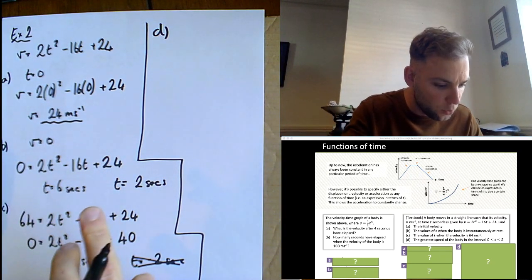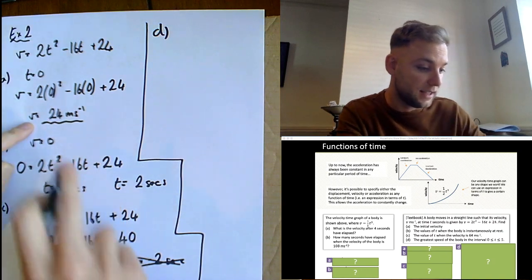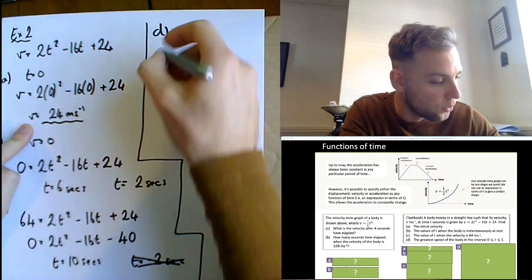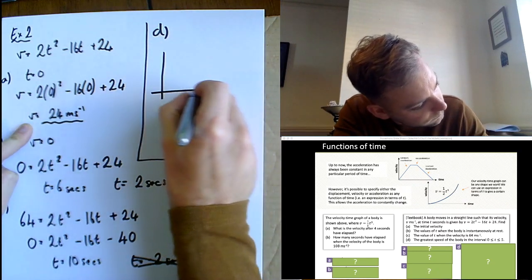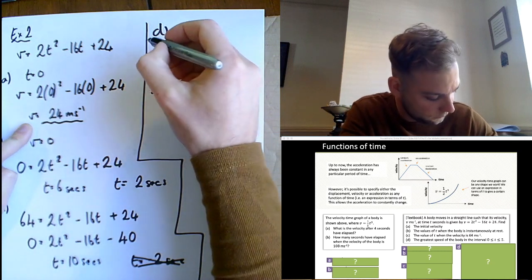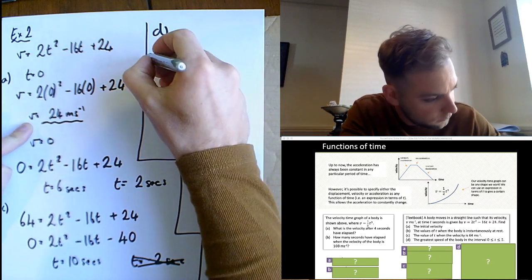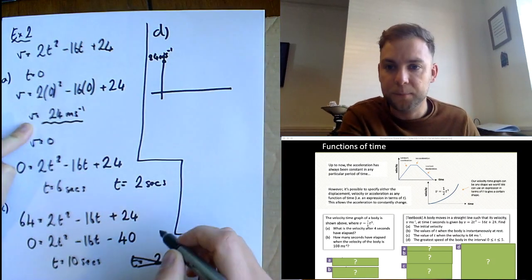We've already worked out what the initial velocity is. The initial velocity here is 24. So when I draw this graph, we know that it's going to be equal to 24 meters per second there, like that.